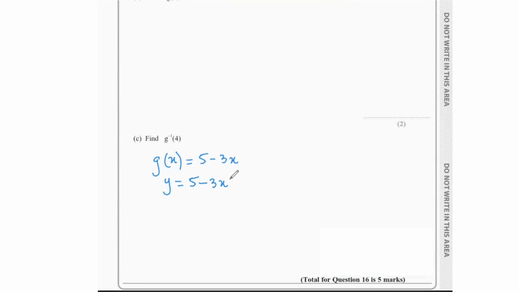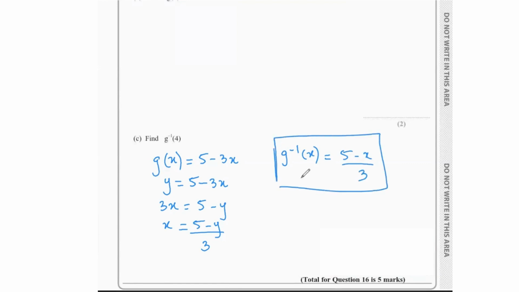We need to make x the subject. So I'm going to begin with swapping y with 3x. So 3x equals 5 minus y. I'm going to divide 5 minus y by 3 because you want to make x the subject, not 3x. So last step is going to be replace x with the inverse, g inverse of x, and replace y with x.